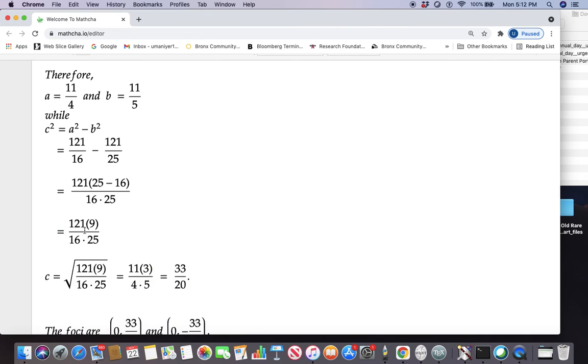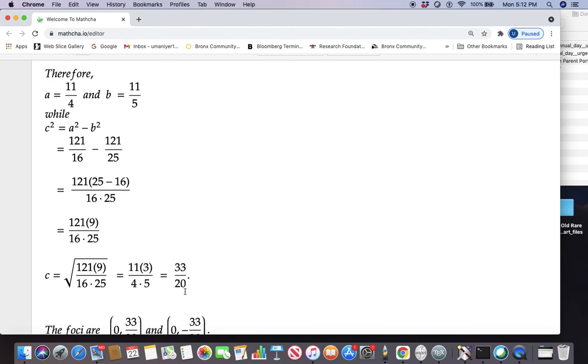Simplify, you get all of this quantity. When I take the square root, c is 33 over 20.